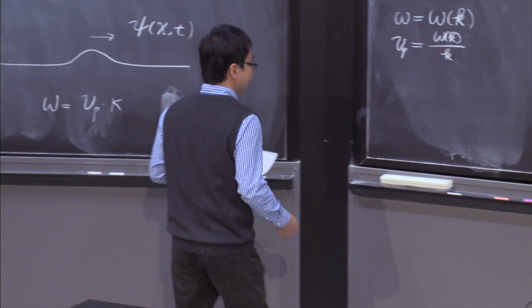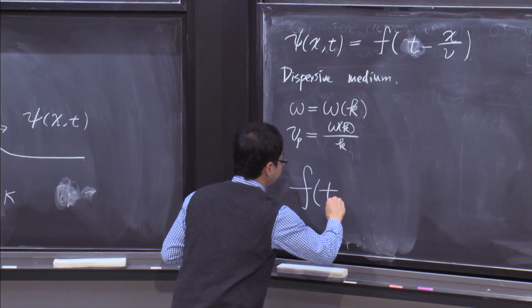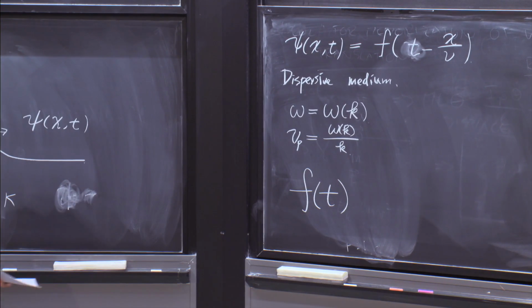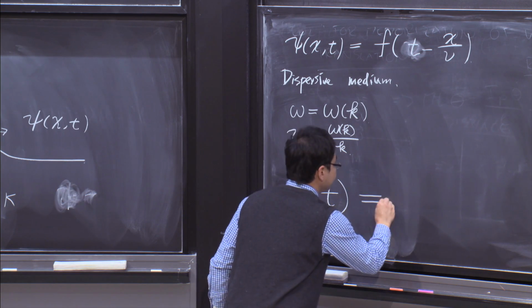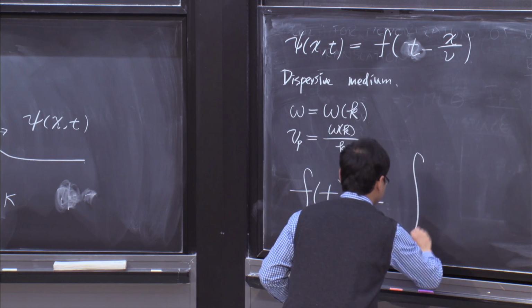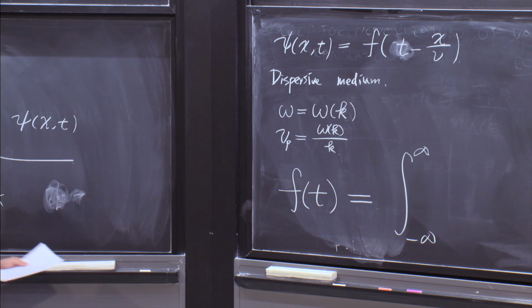The idea is that I can now write down f of t, which is the motion of Yen-Jie's hand, as a superposition of an infinite number of waves.